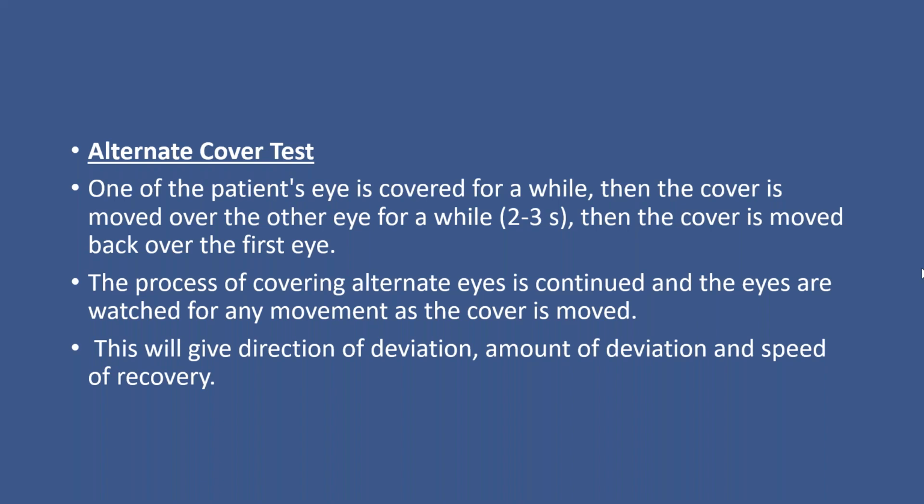So you cover the apparently normal eye first. And then what will you see? For example, there is a left exo deviation. What will happen to the left eye if we are covering the right eye, which is apparently normal? Perfect. So the left eye will move inwards to take up fixation.